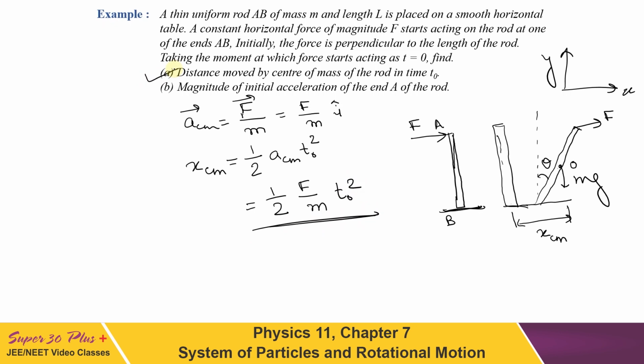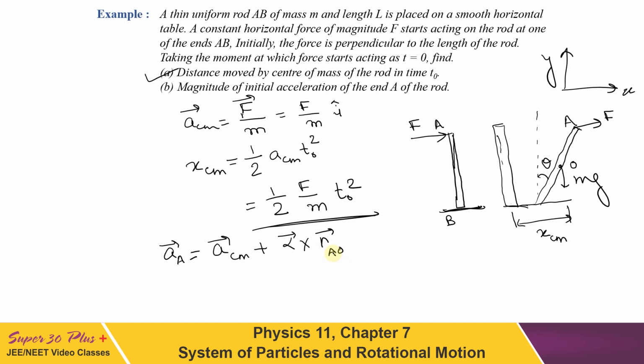The next part is the initial acceleration of end A. Now the acceleration of A can be written in two parts. It has to be the acceleration of center of mass plus alpha cross rAO, because we can consider that the center of mass is translating whereas other points are rotating about the center of mass. This kind of motion, which is translation plus rotation involved, we are going to learn in detail in our coming session.